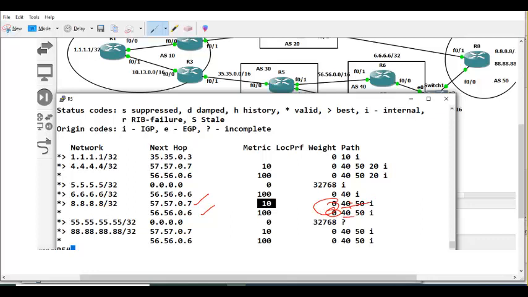The AS path is also a tie. Origin is also a tie. So this is the only tiebreaker. The smallest MED is preferred. Metric is not weight. Metric is MED.